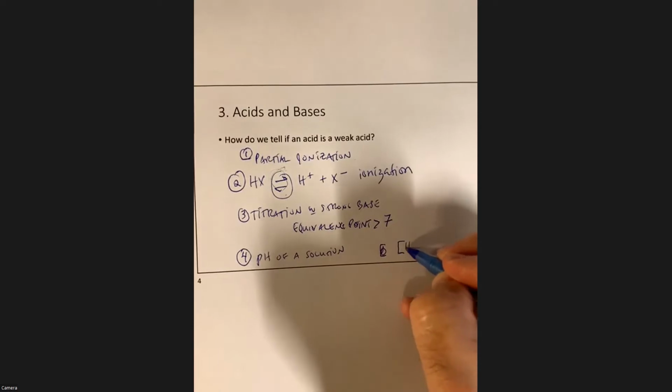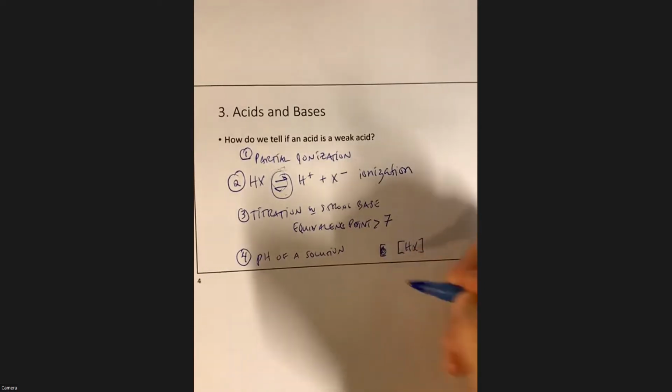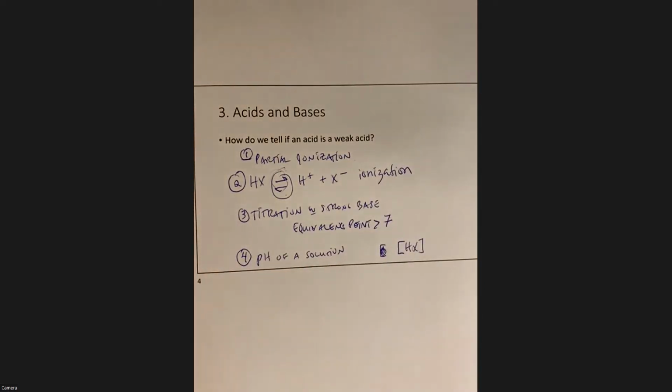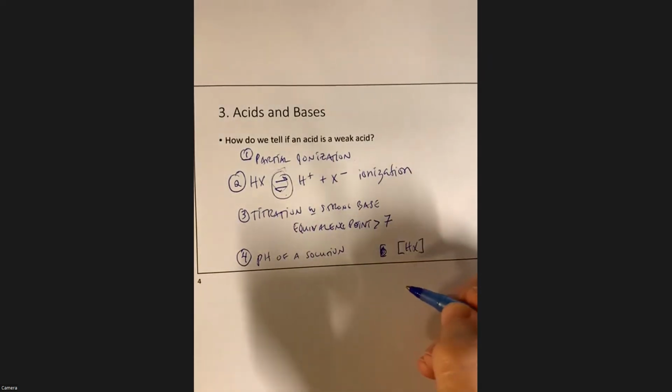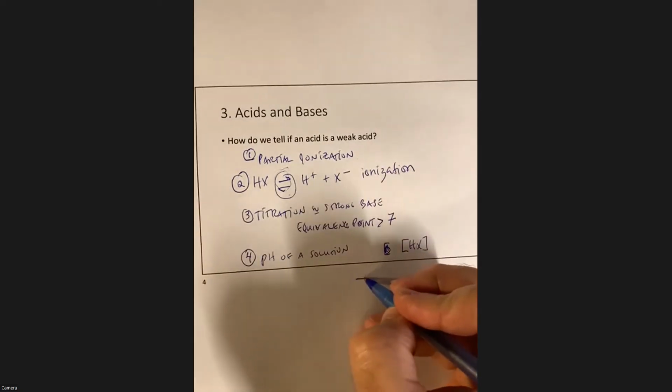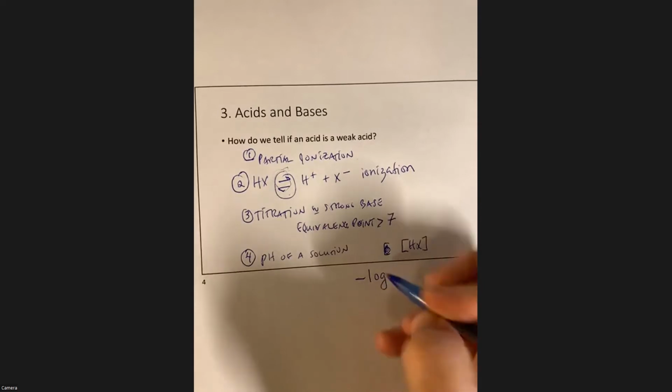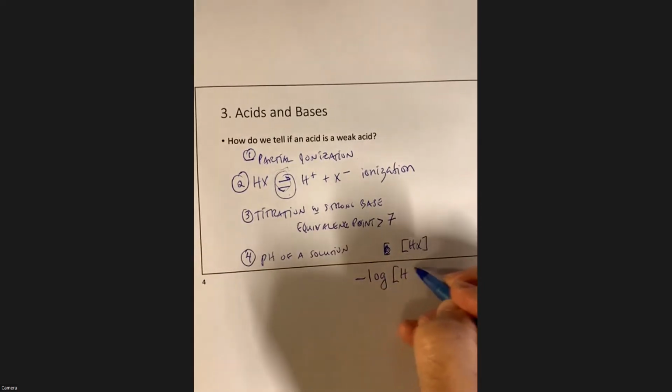I'm gonna write down here. Let's say this is the molarity of that guy. When you have a strong acid, how do you calculate the pH of that solution? All right, so we take minus the log of the molarity of the acid.